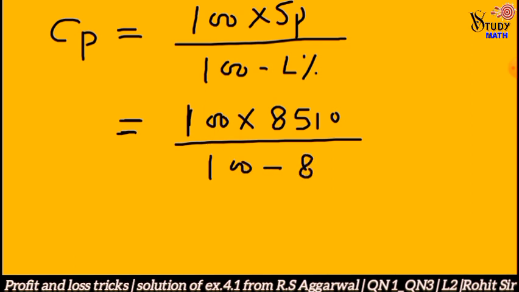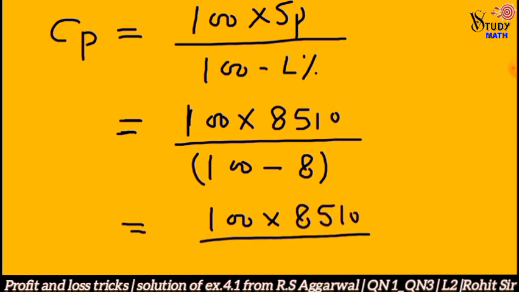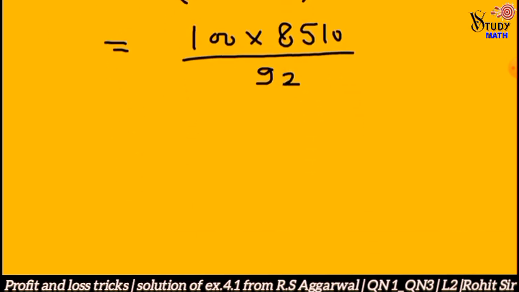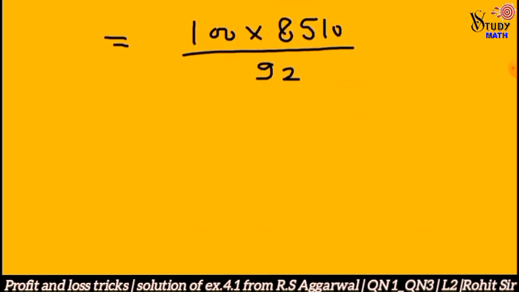So we have 100 multiply 8510 upon 92. Now do this calculation. Now we have to think, how does 92 cut 8510? We have to think on this and try to find the solution. If you have command of tables, then you get this problem very well.